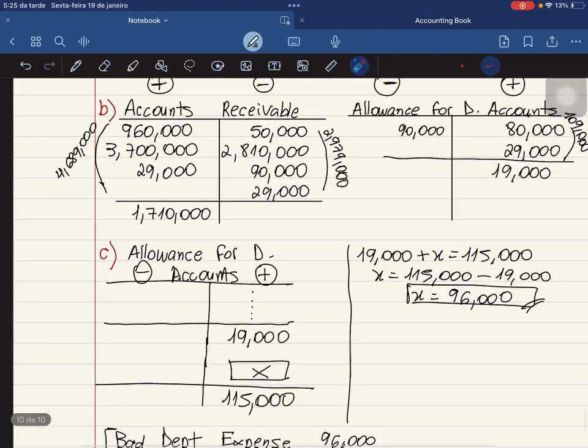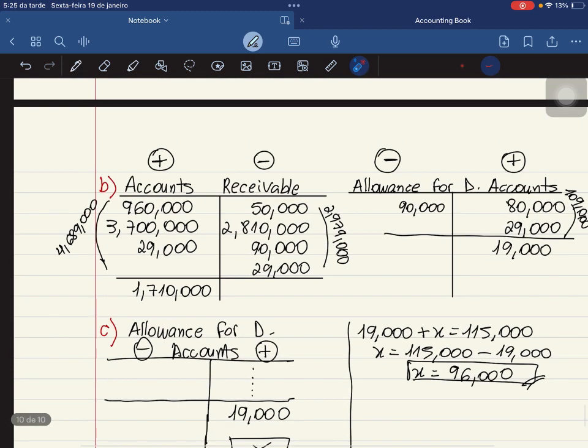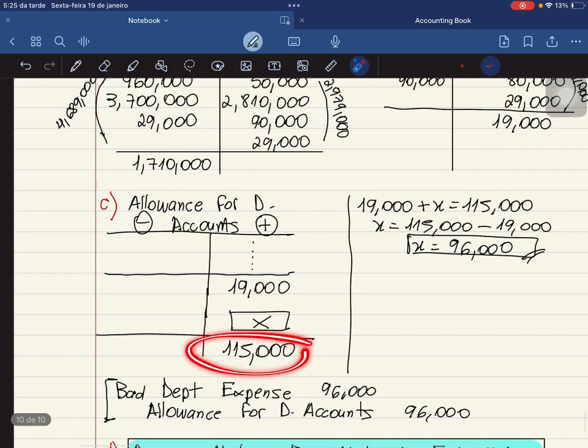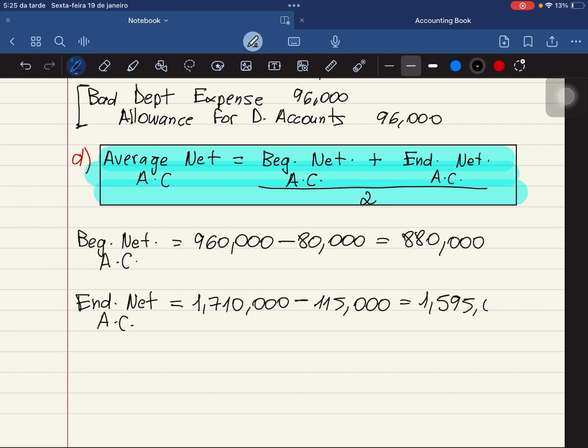So we're going to do the same thing over here. We're going to have the original ending value for accounts receivable minus the original ending value for allowance for doubtful accounts. And that is why we're going to have 1,710,000 minus 115,000. That is 1,595,000.